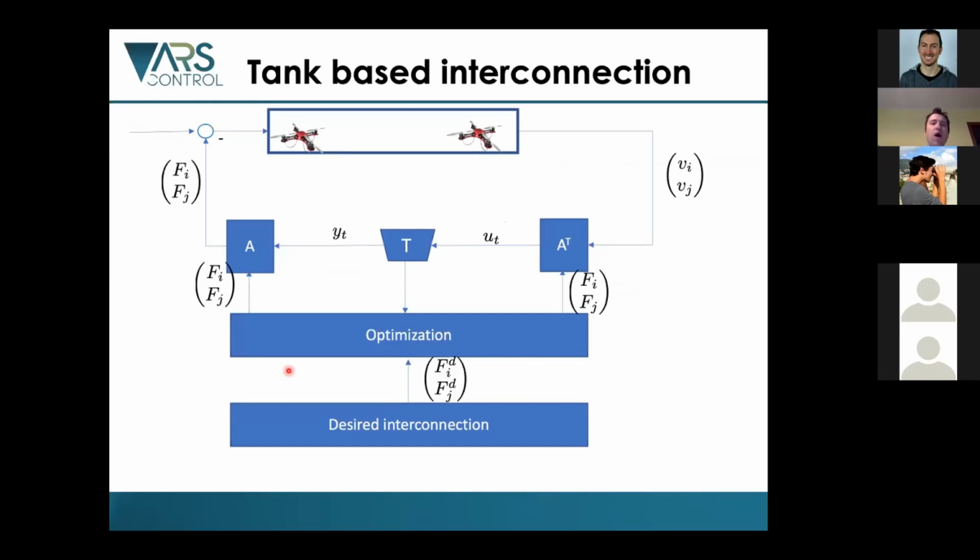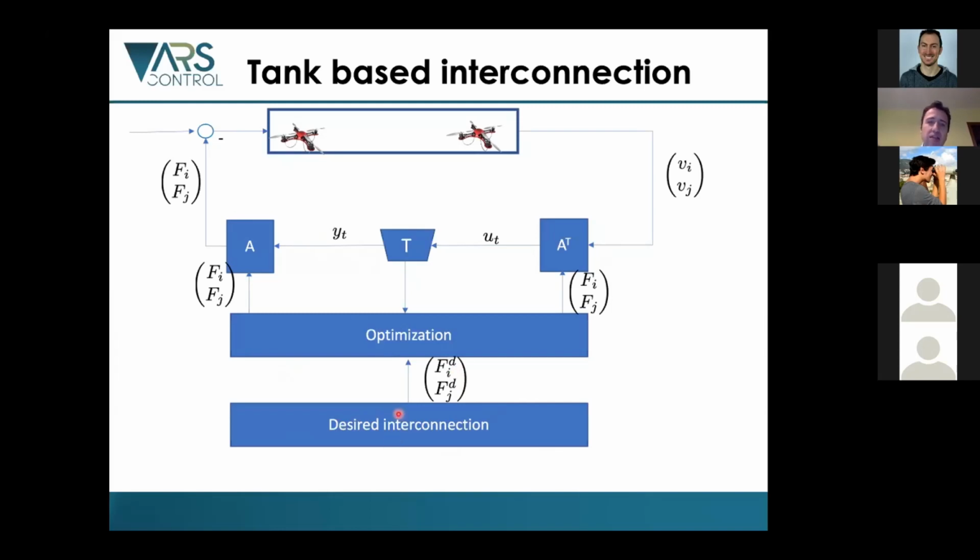So what happens now? How do I choose how to use the energy stored in the tank? Well, we can put an optimization block over this interconnection, and an extra block that determines, according to high-level decision makers, what kind of coupling I should apply.